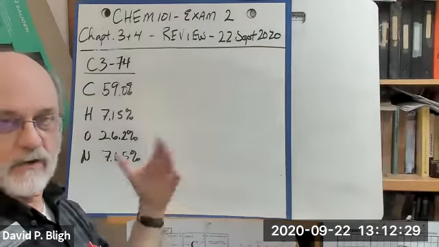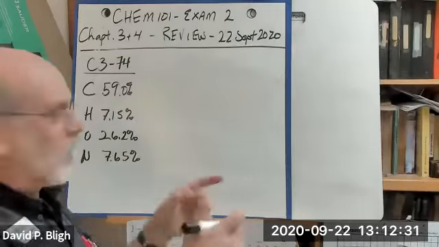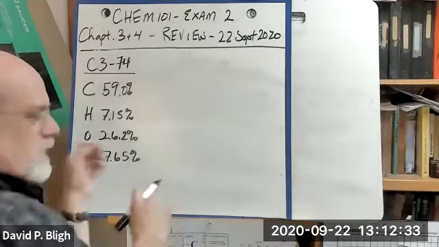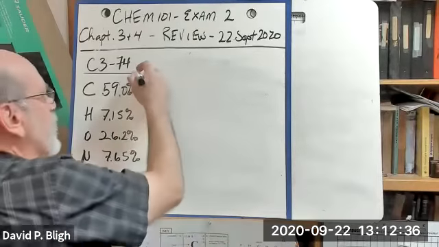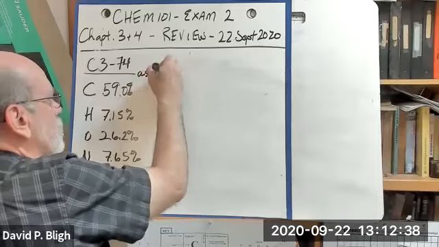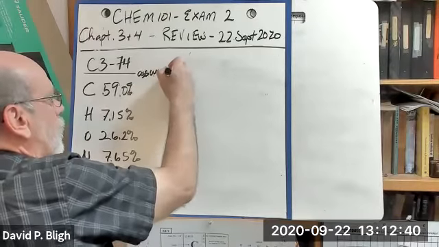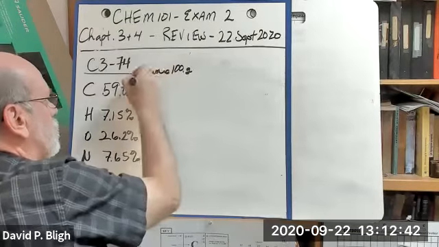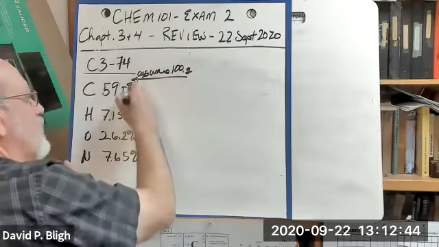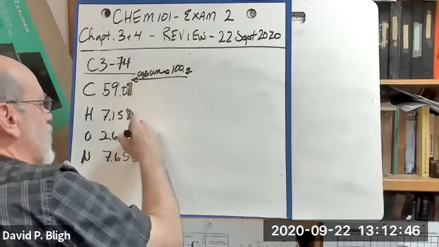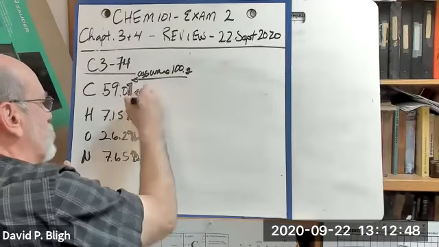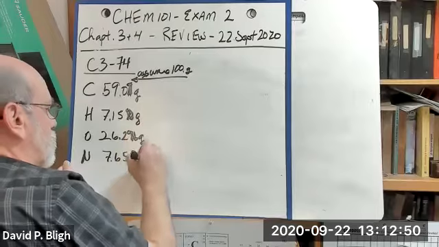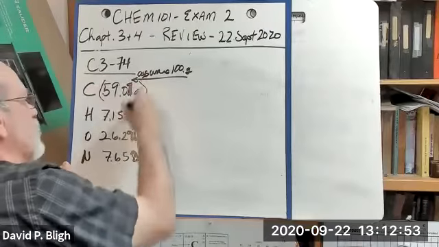So if we assume a 100 gram sample, then we have a mass to work with. So in the interest of space, assume 100 grams, and then that goes away and we replace it with grams. Okay, now we got something we can work with.